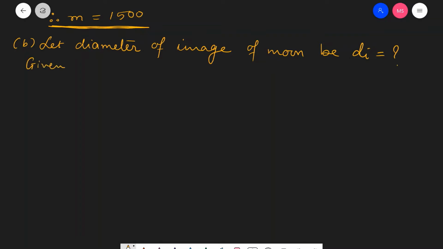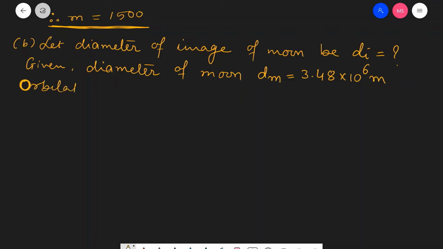Given diameter of moon dm equal to 3.48 into 10 to the power 6 meter, and the orbital radius of moon, let this be L, which is given as 3.8 into 10 to the power 8 meter.